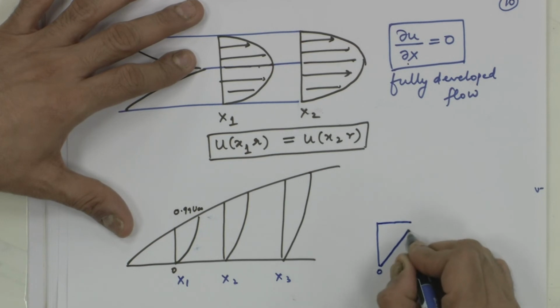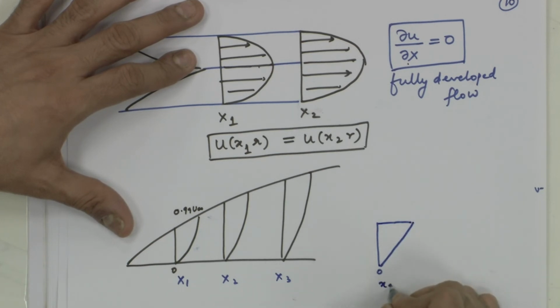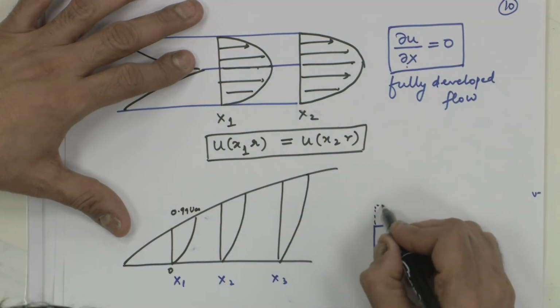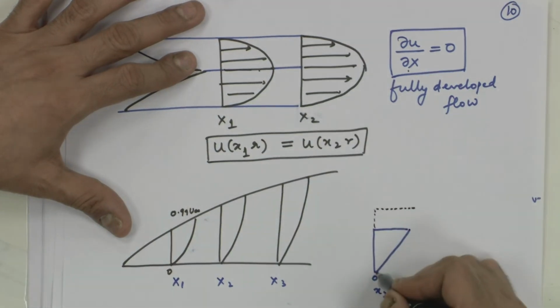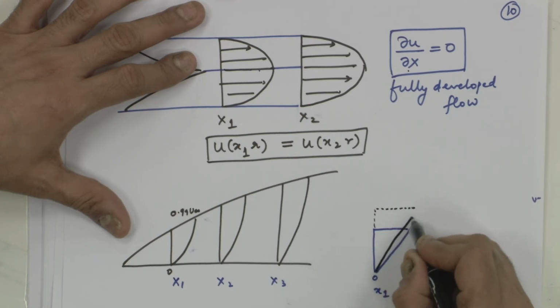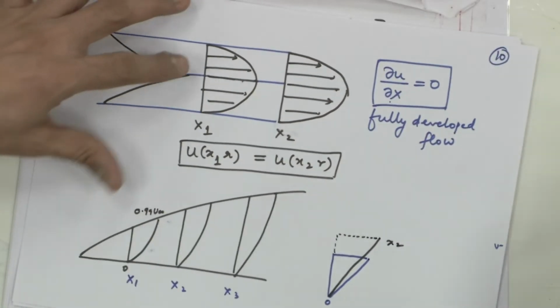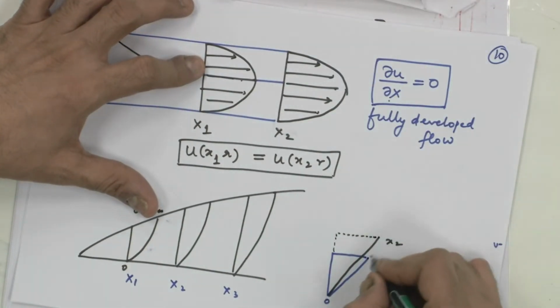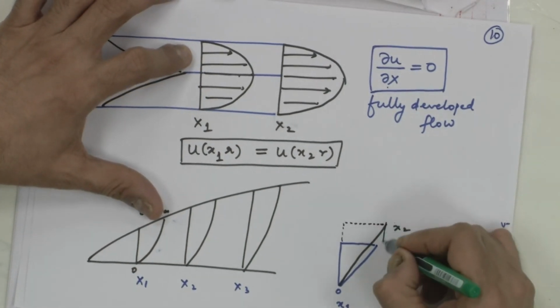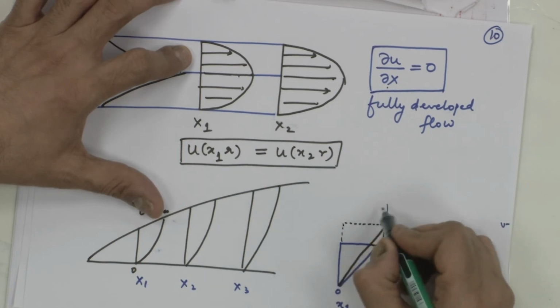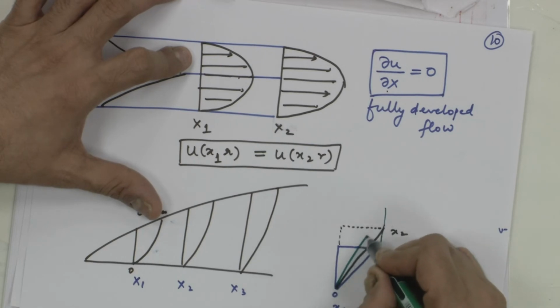I am just showing it as a triangle here. This is at x1. The black one is at x2. And then the green one would be at x3, which is going to do this.